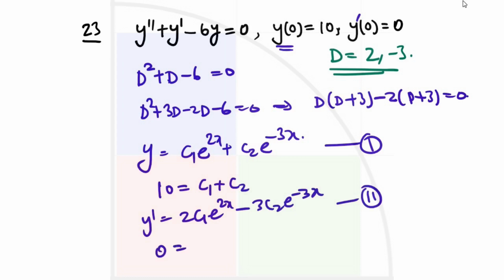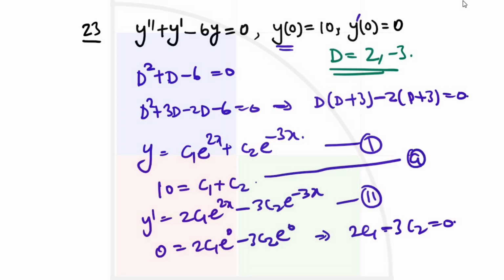y prime is 0 at x is equal to 0, so this gives 2c1 minus 3c2 is equal to 0. Now substitute any one of them here in this equation.